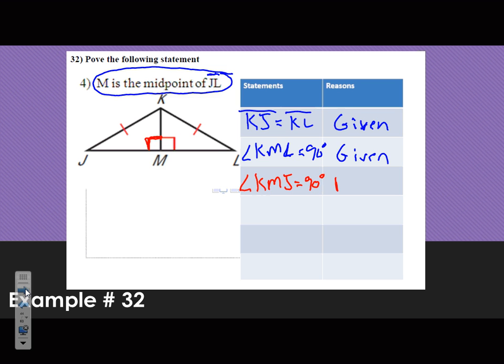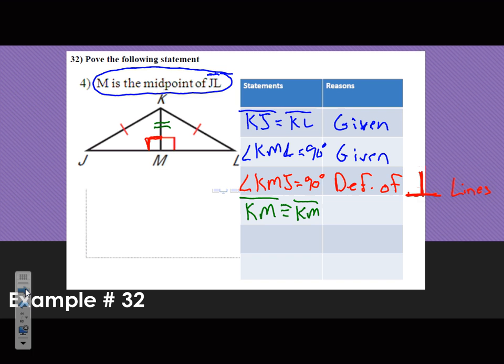But this one we have to give a reason. Since we know that was 90 degrees, we can say definition of perpendicular lines, and we can just use the symbol. And now I have a little bit more. Once again, my favorite: KM is congruent to KM.